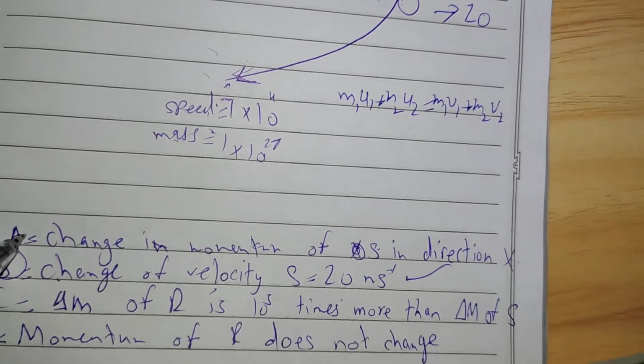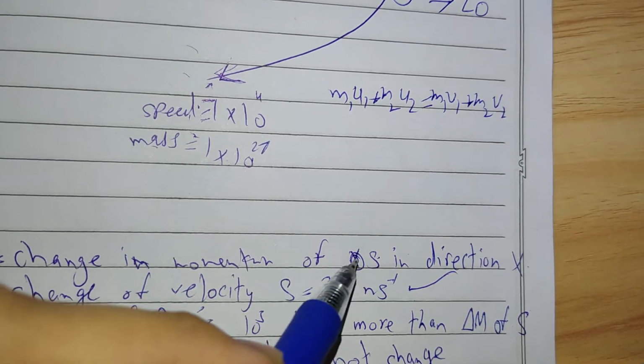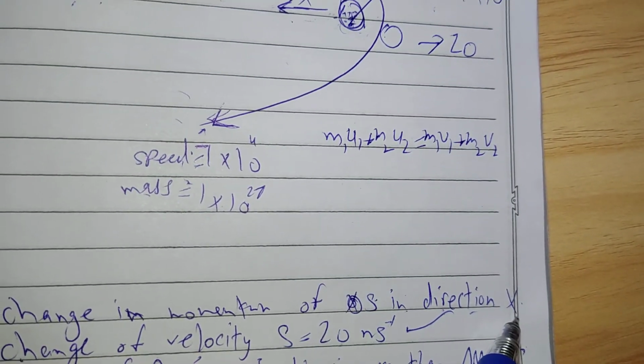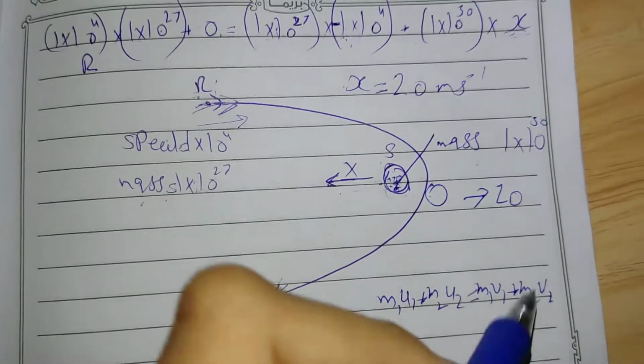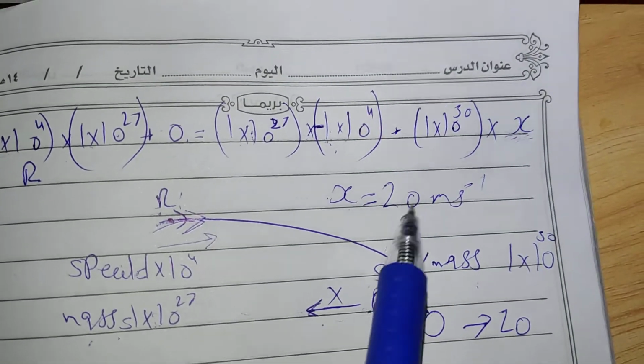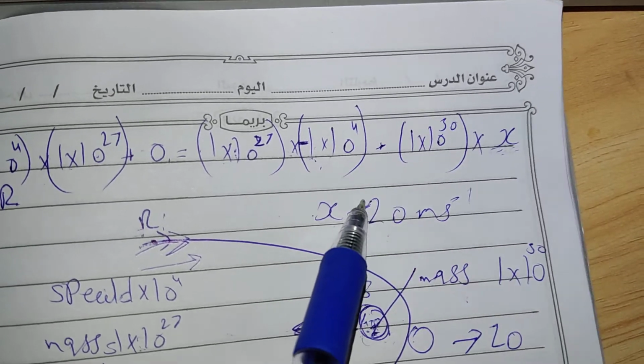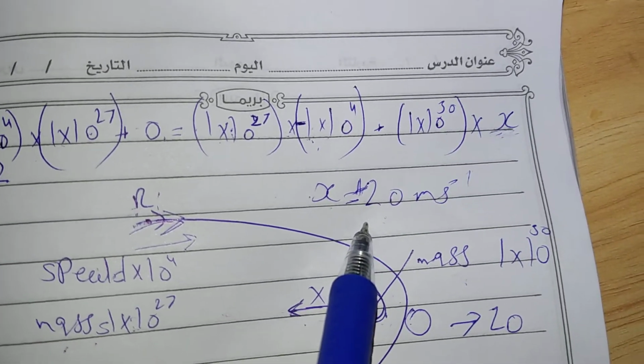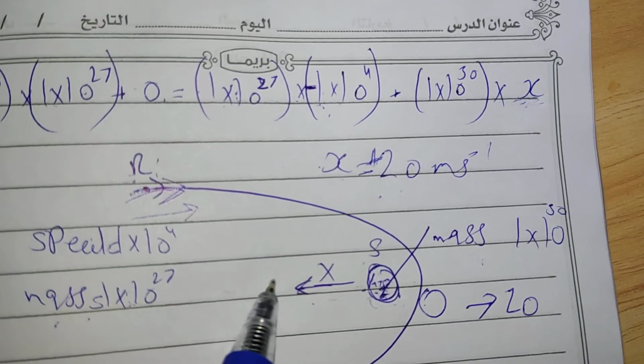Now in A, they say that the change in momentum of s is in the direction of x. And that's not true, because I found the final speed of s to be positive 20. If it was negative 20, then it would be in the direction of x.